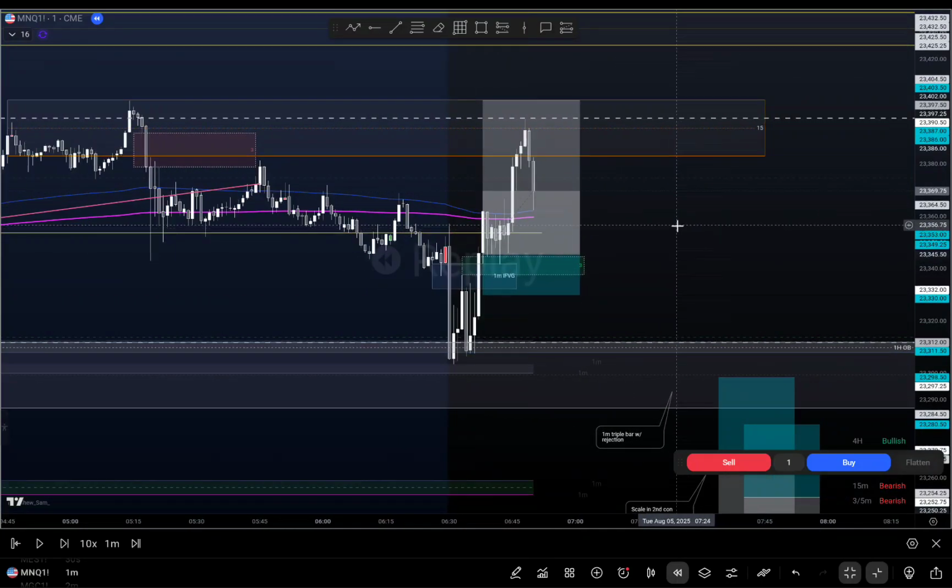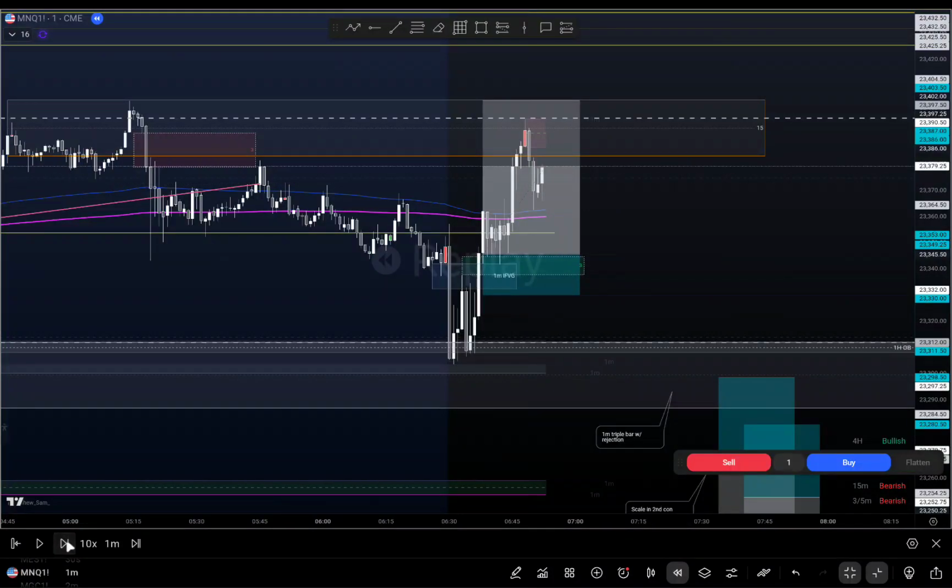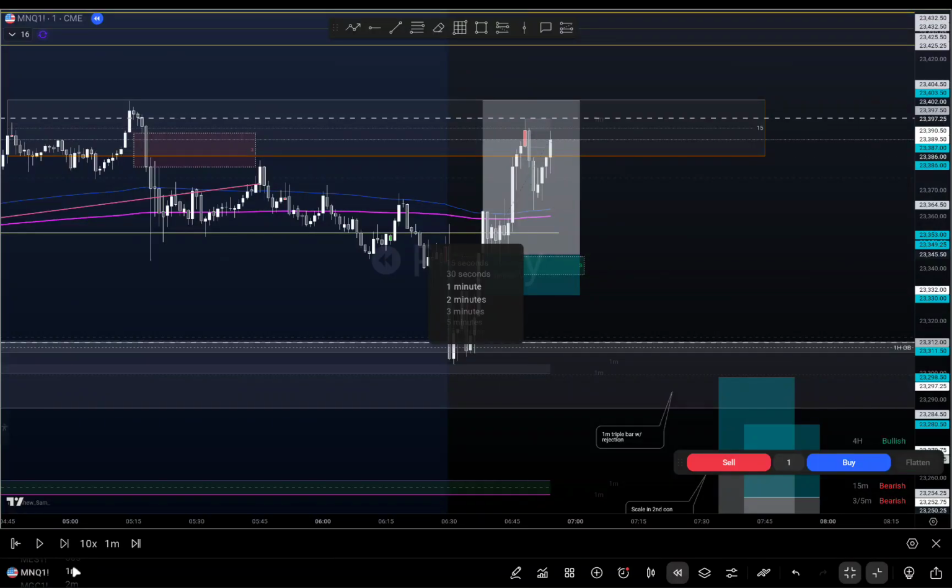Okay, so I took break even here. Price ended up going down. Is there an entry signal now that we can look for? Perhaps. So for now, not yet. There's a 1-minute FVG here. Let's see here. Let's look at the 2-minute.